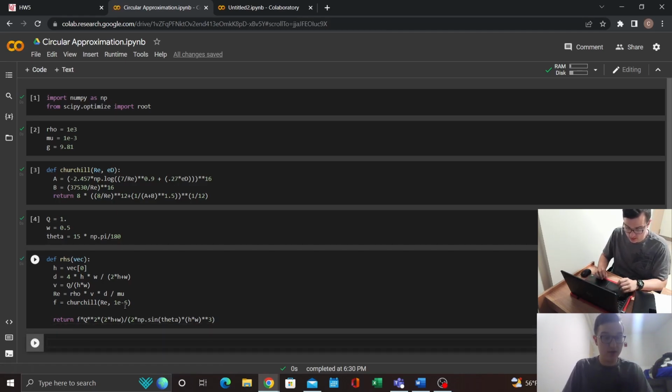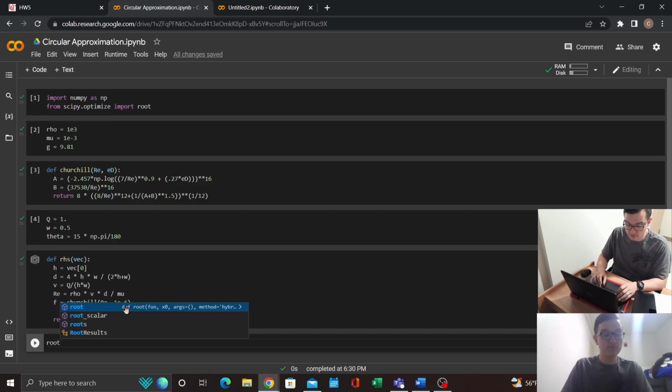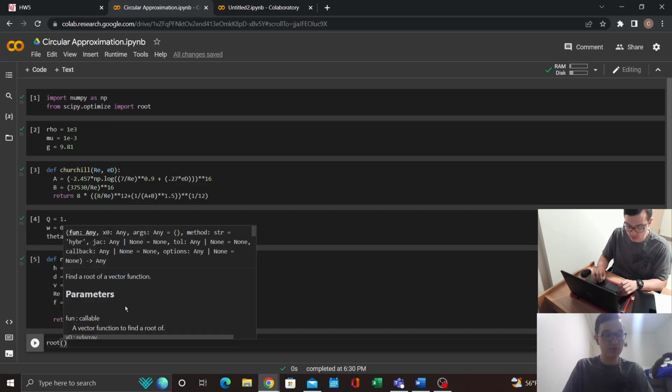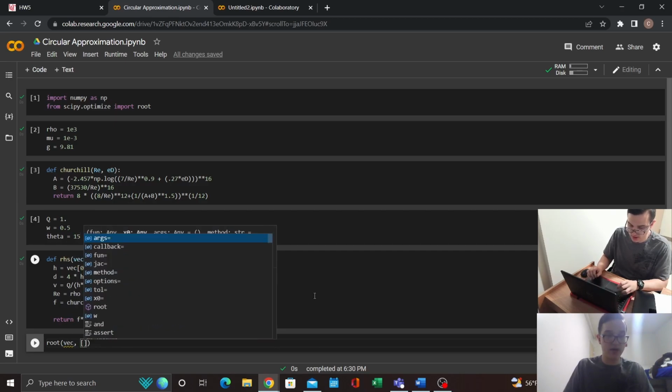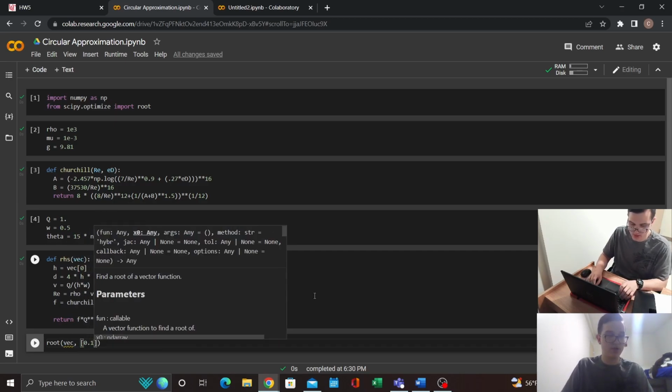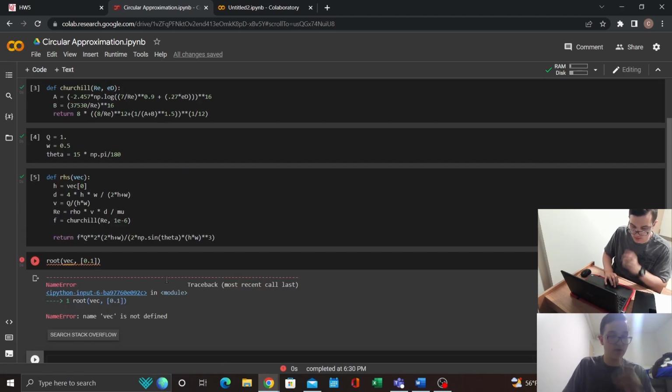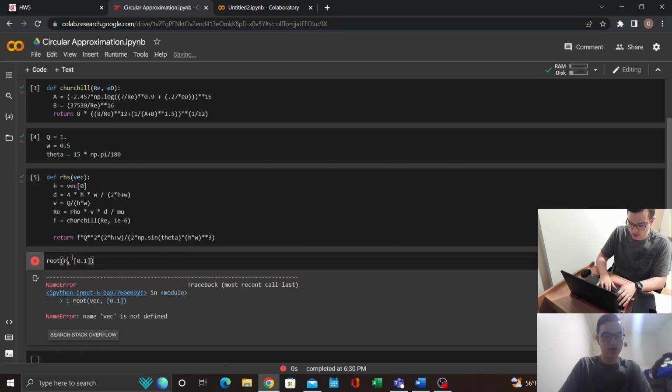Good. So we can root our function, we want our vector and a variable of, call it 0.1. And shift enter. No, it's the right-hand side, not vec. Right-hand side.